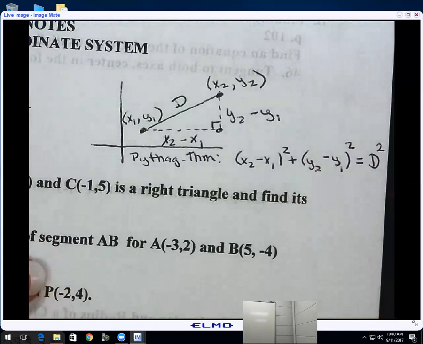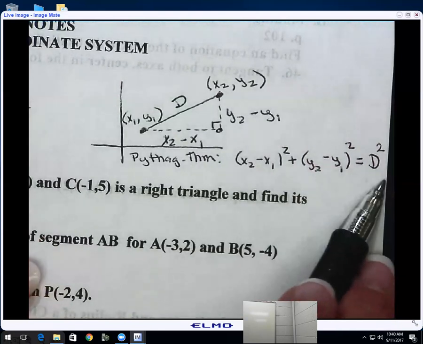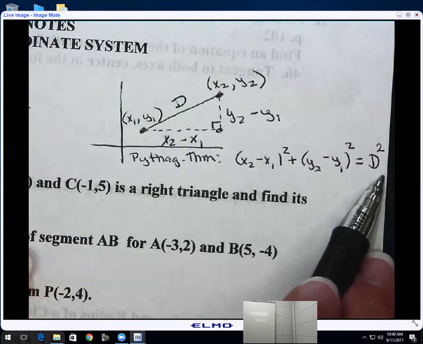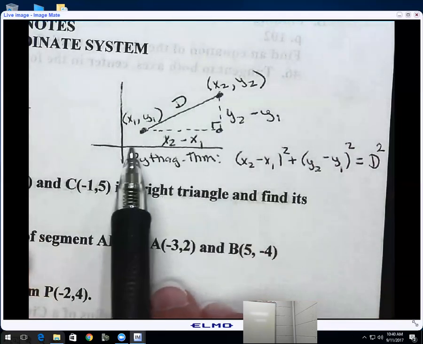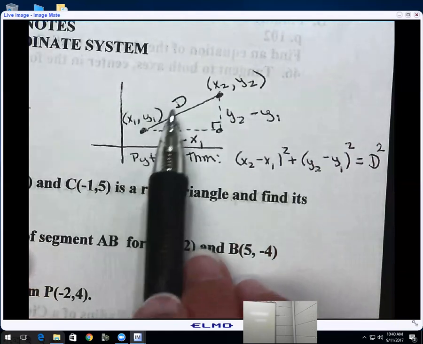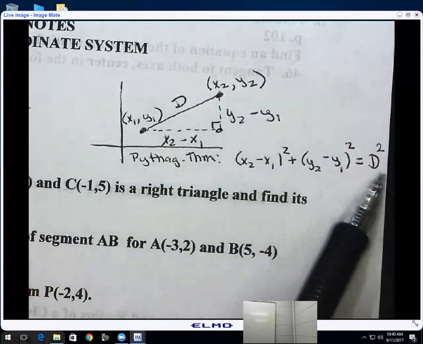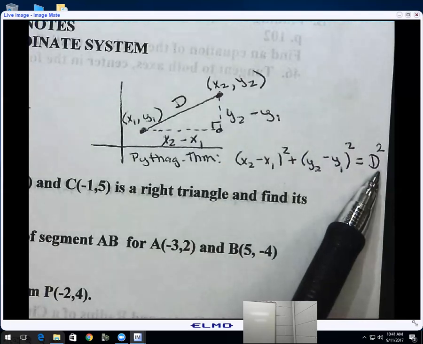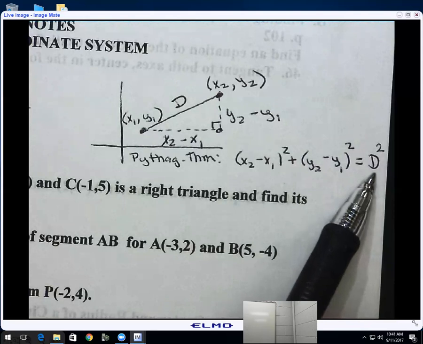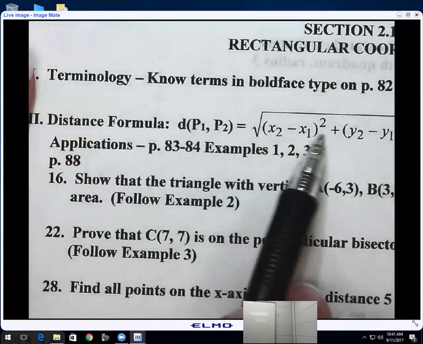That's just the Pythagorean theorem. And if we think about what we were originally looking for here, the distance between those 2 points, that's just d. How do we solve this for d? That's the only thing we'd have to do to have just plain old d there. And that's the distance formula.